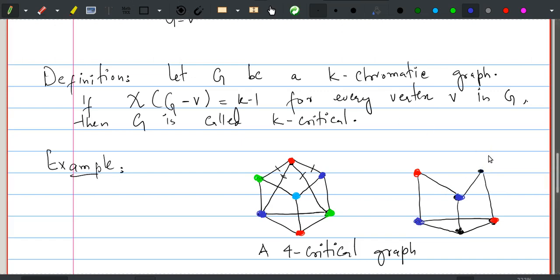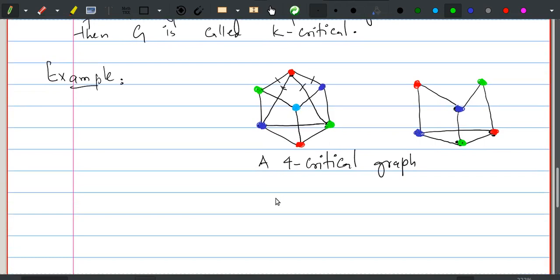So now let us take the green color and paint this vertex with green and this with green. So this gives the coloring of this graph, and its chromatic number is reduced by 1. The same is true with every vertex here. If one removes any vertex, we get another subgraph of this graph which is also 3 chromatic. So this is an example of a critical graph, a 4 critical graph.